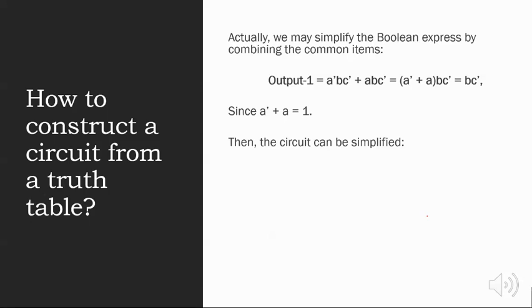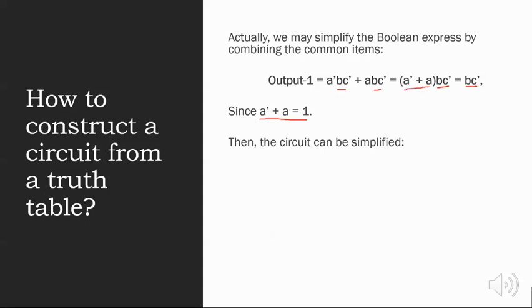Actually, we may simplify the Boolean expression by combining the common items. For example, output 1 equals not A and B and not C, or A and B and not C. This equals not A or A, then combined with B and not C. And finally, it is B and not C, because not A or A is 1.